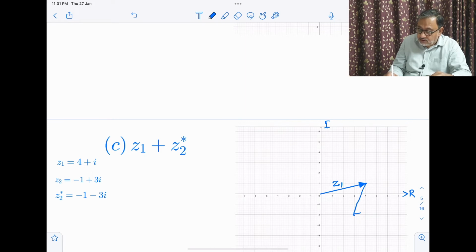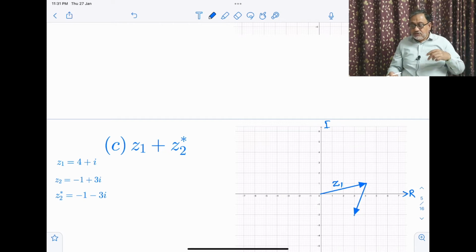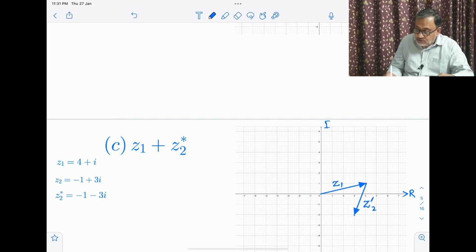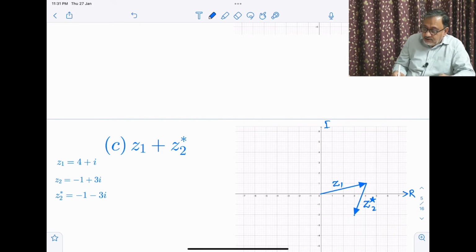Why is it not making an arrow? Yeah. So this is my z2 conjugate. Let me label it z2 conjugate. So the final result is from origin to this point.